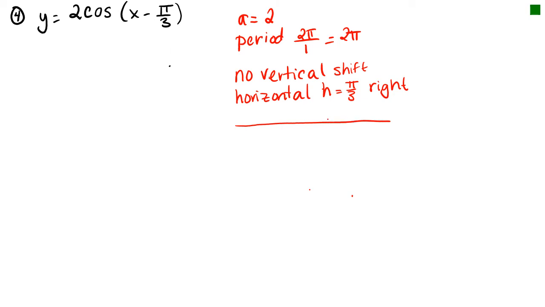Normally for cosine we would start at 0, then since the period is 2 pi, it'd be here, and then halfway would be pi. So this would be pi halves, and this would be 3 pi halves. But we're going to shift all these up by pi thirds.